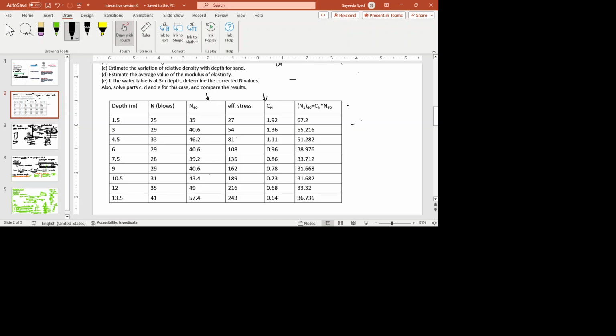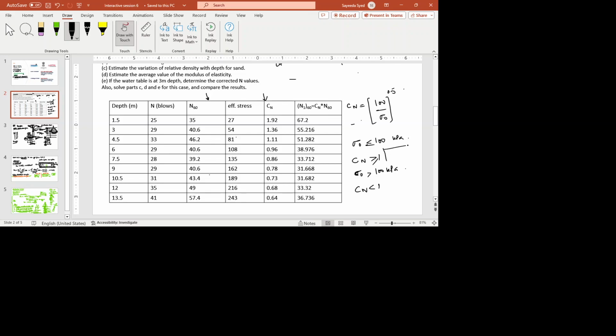based on its equation, Cn equals 100 over sigma naught raised to power 0.5. See, when sigma naught is less than 100 kPa, our Cn will be greater than 1. And if sigma naught is greater than 100 kPa, our Cn will be less than 1.